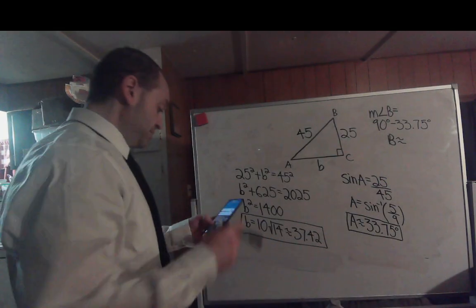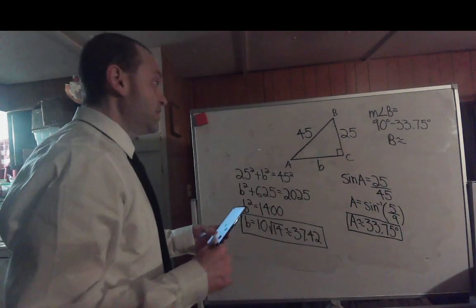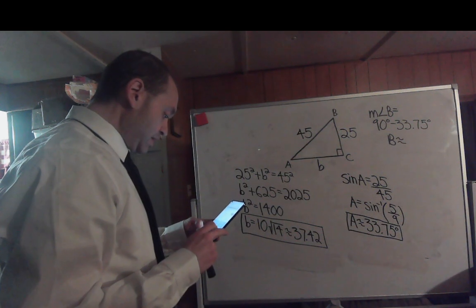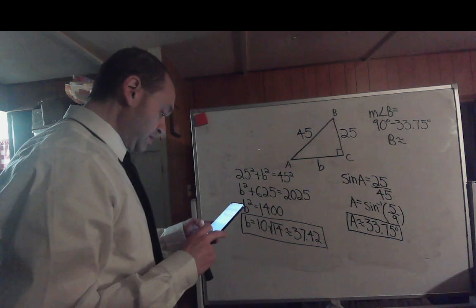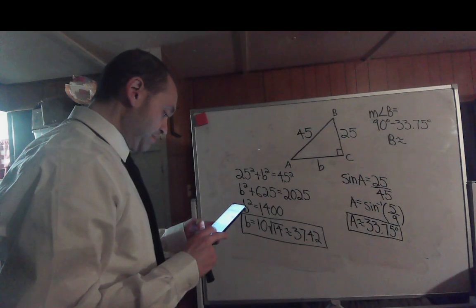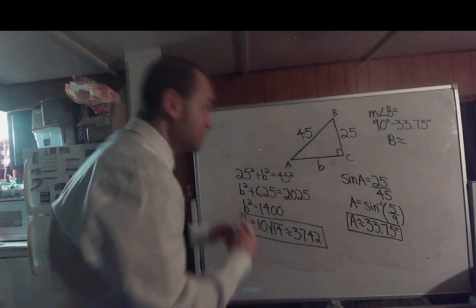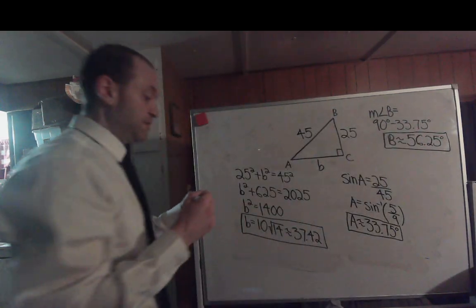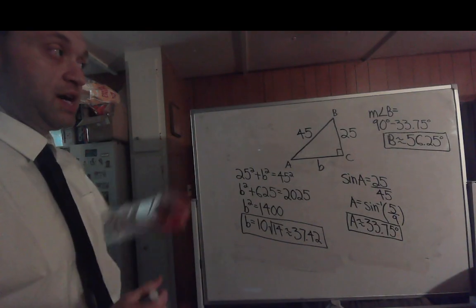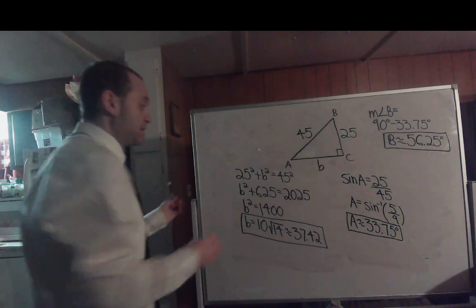Let's take 90 minus 33.75. No, not plus. I need minus. You get about 56.25 degrees for B. So then you end up with angle B is approximately 56.25 degrees.